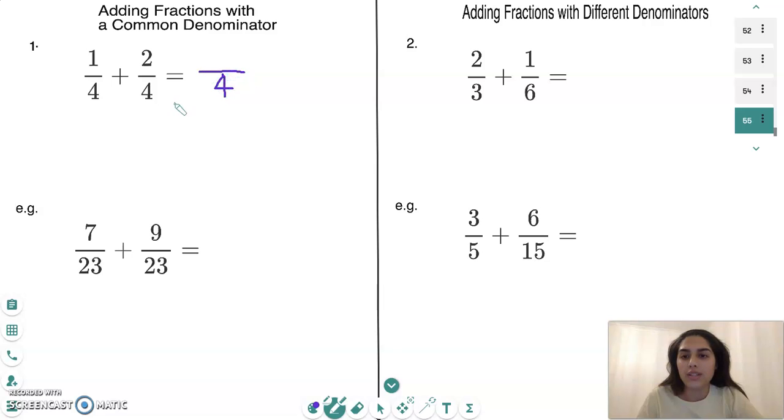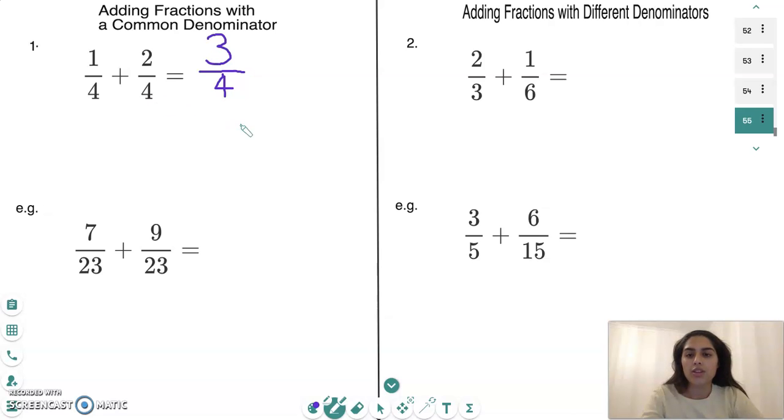When the denominators are the same and you have to add the two fractions, the denominator in the answer will also be the same. The next step is simply adding the two numbers at the top of the fraction together. So you do 1 plus 2 equals 3. So 1 over 4 plus 2 over 4 equals 3 over 4.